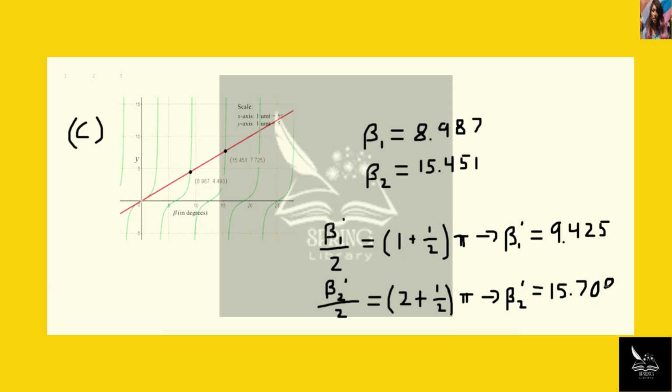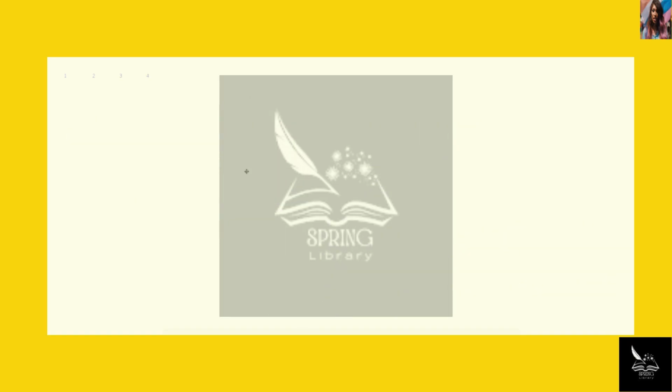So now that we have the actual and the calculated values for beta 1 and beta 2, we can find the percent error of these values. So for the first one, we'll call it percent difference, DIF, is equal to the absolute value of beta 1 minus beta 1 prime divided by beta 1 prime.